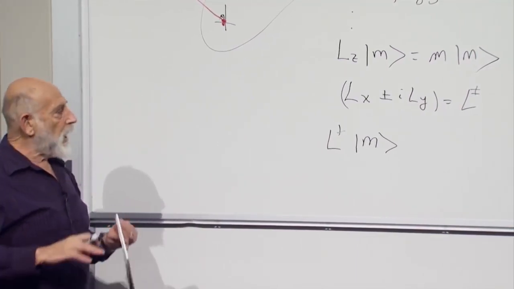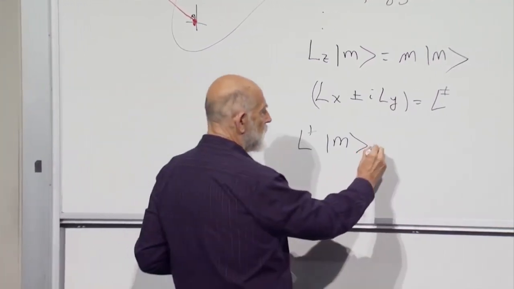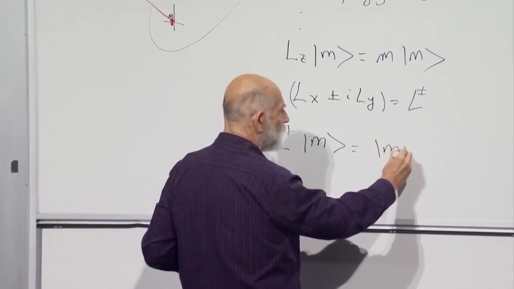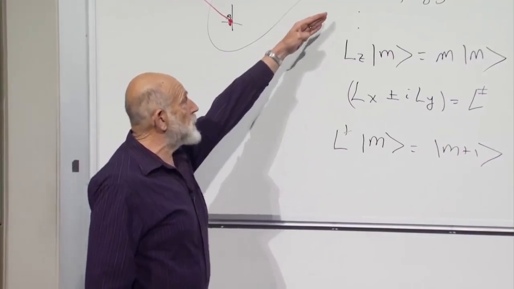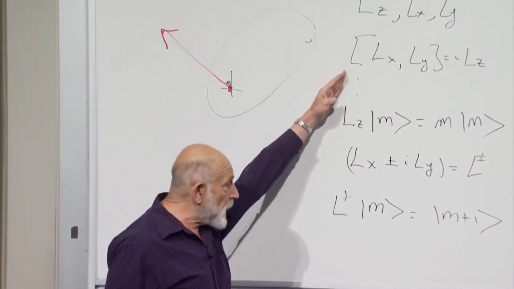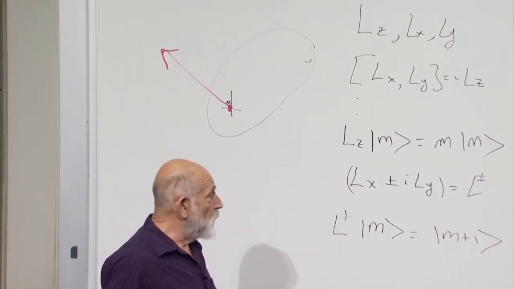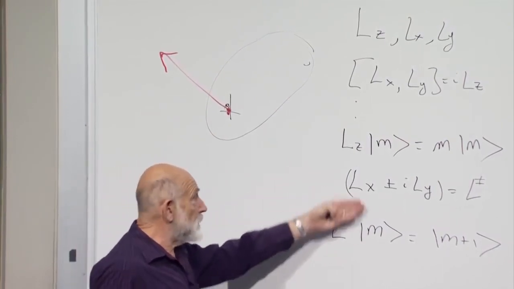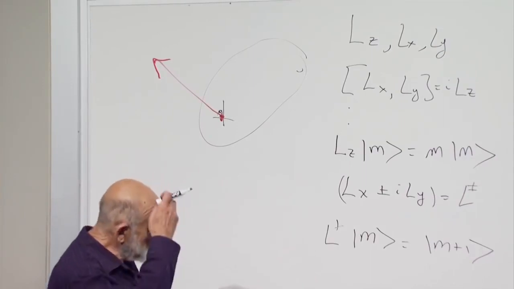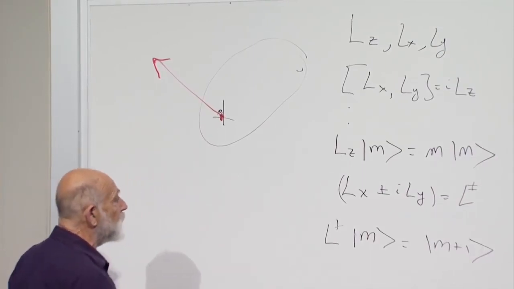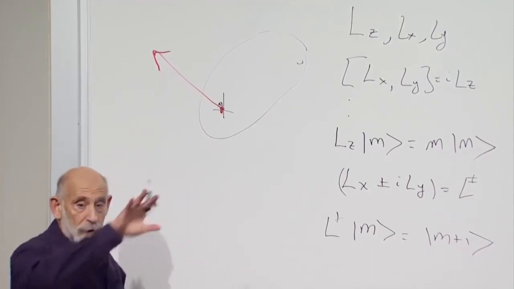That gave us another eigenvector with m plus 1. We worked out that was a consequence of the simple algebra of these commutation relations. We worked it out by just sticking in the equations. It was a couple of lines. And we found out that L plus is a raising operator.